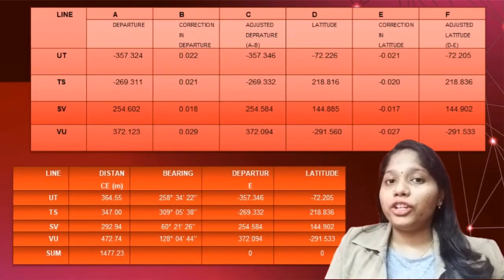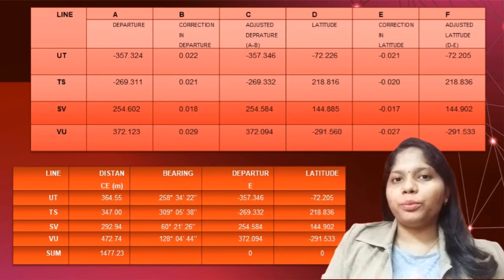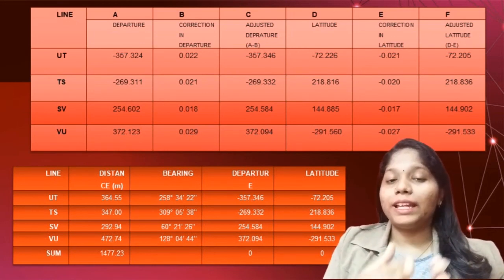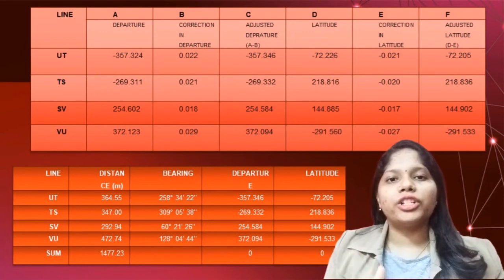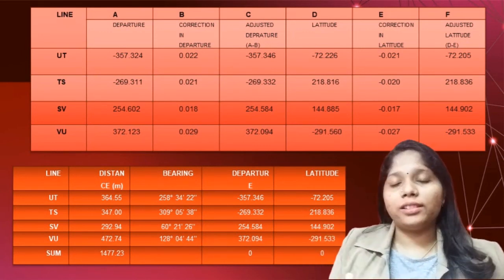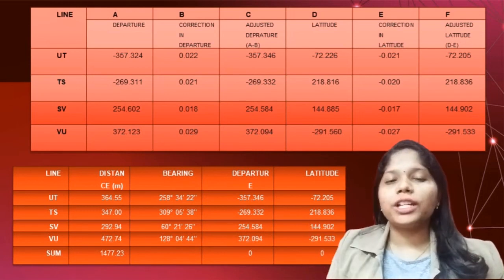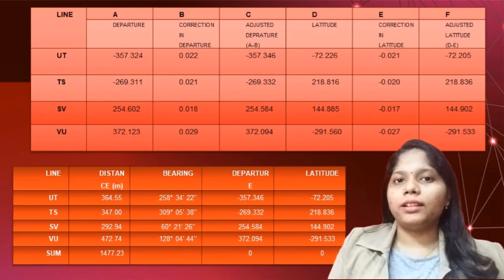Next, for the adjustment of the departure, once we get the correction in departure, we need to subtract the correction in departure of each line from the initial departure value. Then we will get the adjusted value of the departure. The same goes for the correction in latitude: we subtract the correction in latitude from the initial latitude value to get the adjusted latitude.